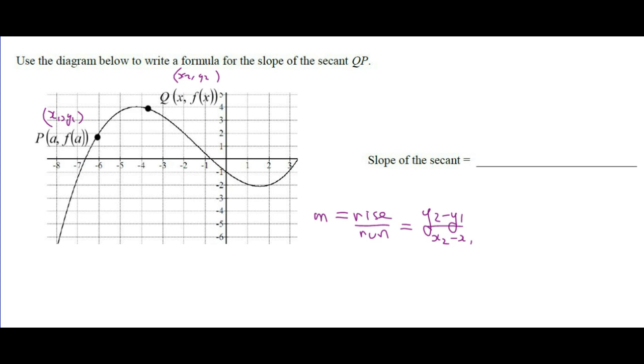And so the slope of the secant line is going to be f of x, which is y2, minus f of a, which is y1, over x, which is x2, minus a. So that's the slope of the secant.